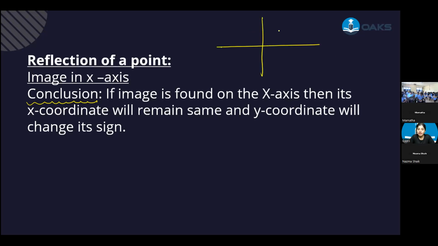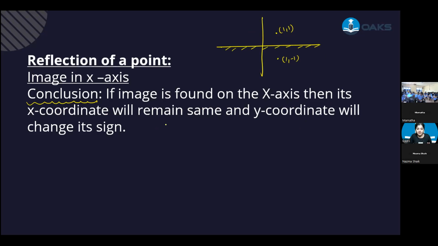See, if we have a point here, 1, 1, we will get a point here, 1, -1, if the x-axis is the mirror. So what happens? The x coordinate remains the same, right? But the y coordinate changes its sign. Only the sign got changed. If the image is found on the x-axis, then its x coordinate will remain the same and the y coordinate will change its sign.